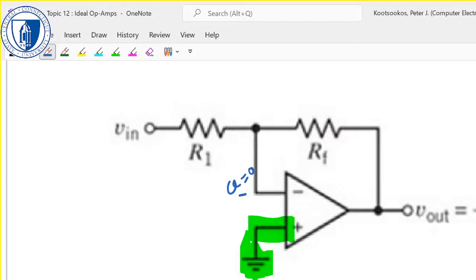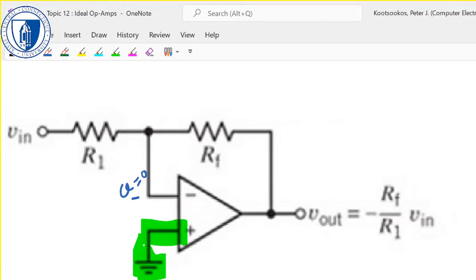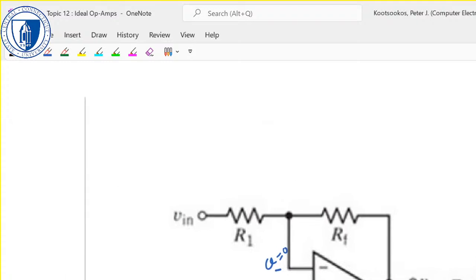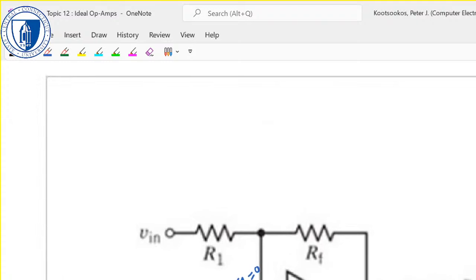Okay, so if that's the case, we can redraw that circuit. With one caveat.